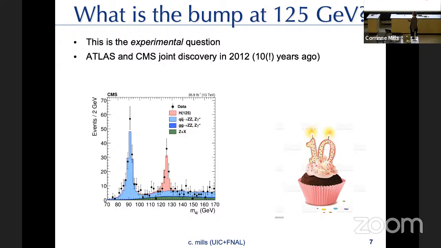Then we compare that to what we see in the data, which is represented by a bunch of points that have errors, and we decide if they agree. In this case, you can see very clearly that if we did not include a Higgs boson at 125 GeV, our data would not be predicted by the model. That's one channel of how we were able to discover it.